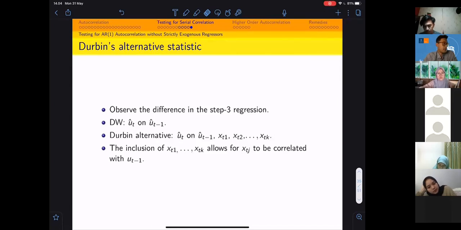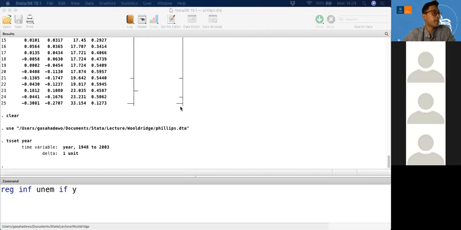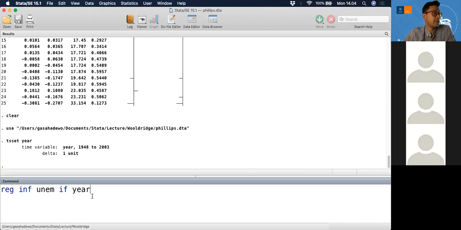Okay, and then again, with any data set, we want to declare the time series. Now I'm going to regress the inflation and unemployment. Oops, sorry, I'm still sharing the screen, so let me switch to Stata. My apology. All right, so you're going to regress inflation on unemployment before 1996.